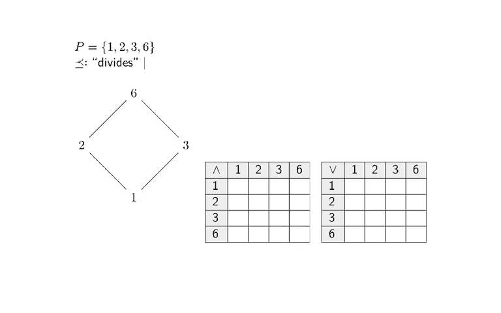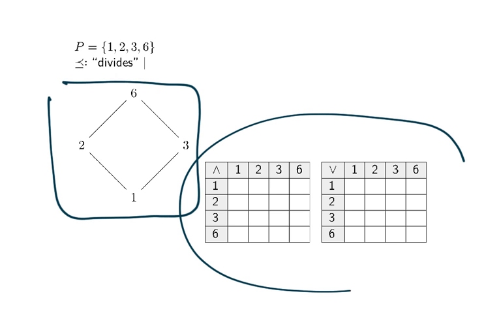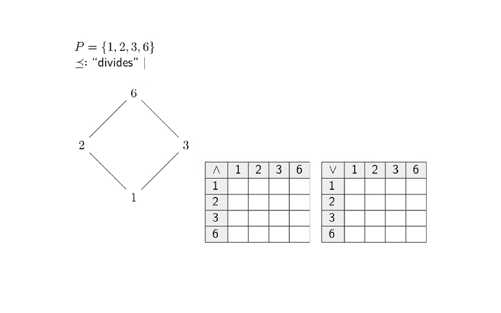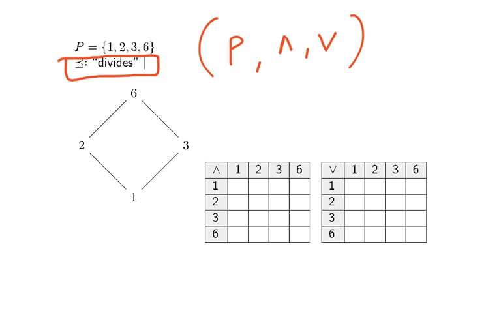Let's see the example now in which the lattice is smaller, so the tables of meet and join are going to be smaller too. Having in mind that the order relation here is divides, we know that this lattice with the operations meet and join is the same thing as calculating the greatest common factor and the least common multiple.